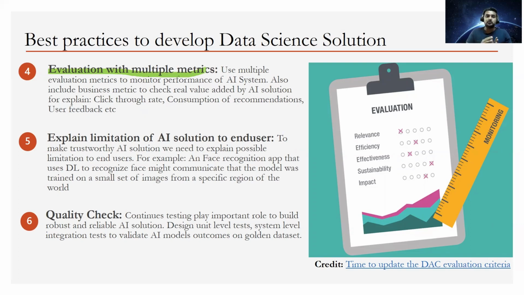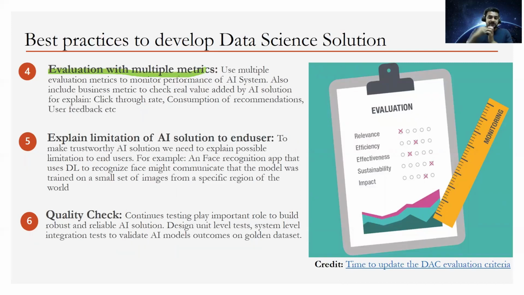And also include business metrics while checking the performance of your model, for example the real-time click-through rate of the user, consumption of the recommendations generated by AI, and the user feedback from different surveys.